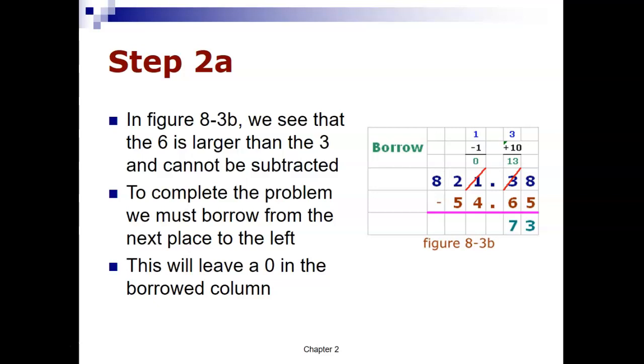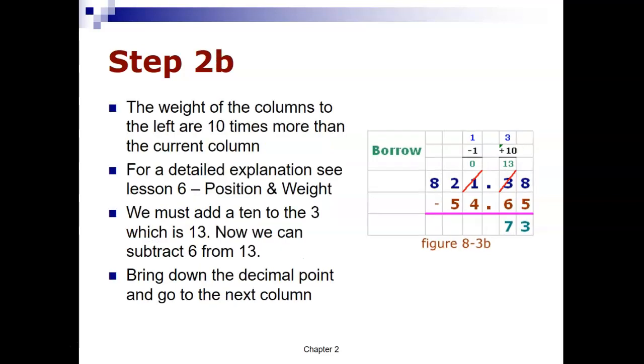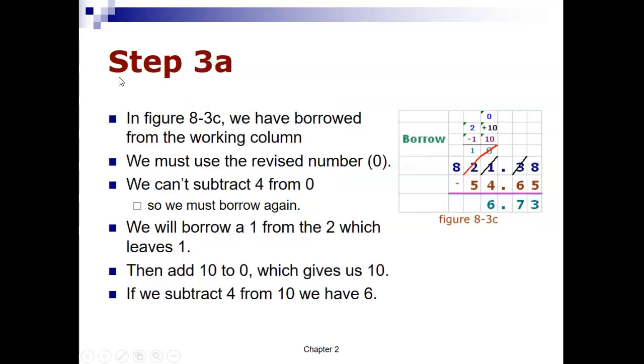We cut its value down to 0, move it to the 3 as a 10, and you get 13 minus 6, which would give you 7. Okay? Well, I skipped ahead a little bit. All right, so the next one we've got to look at is we've now got a 0 where our 1 is.